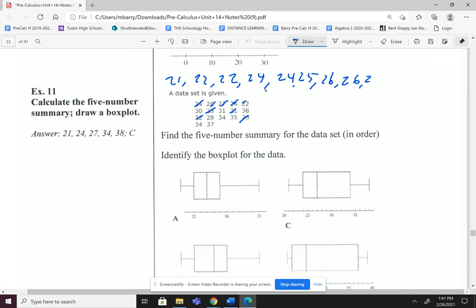And a 27. 28. 30 and then 31. 34 and 34 again, and I still don't have enough room. And then 35, 37, 38. Okay, cool. So we'll start counting in here.